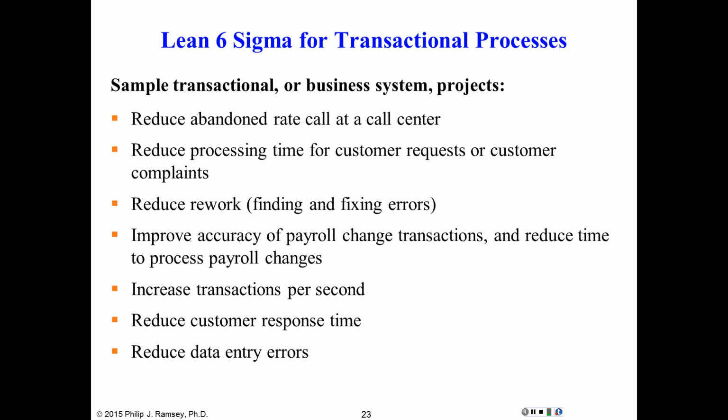And I mentioned that Six Sigma is used both for manufacturing, and it's also used for what we call transactional. So let me basically explain the difference between manufacturing and transactional. It's very simple. If the output of the process could be dropped on your foot, we would call it manufacturing.